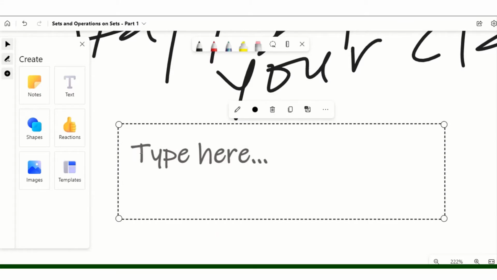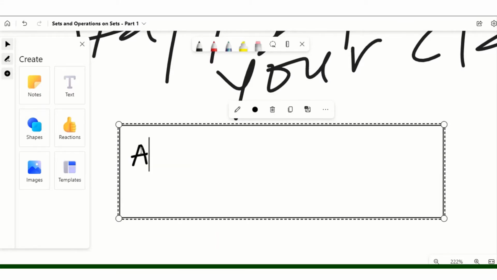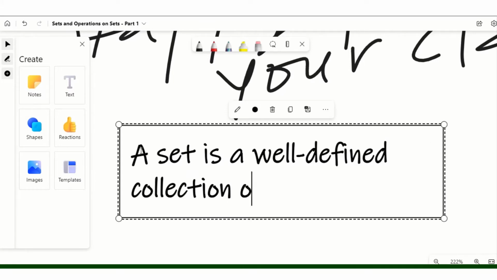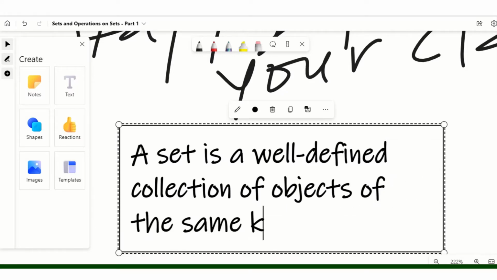So what is a set? A set is a well-defined collection of objects of the same kind.